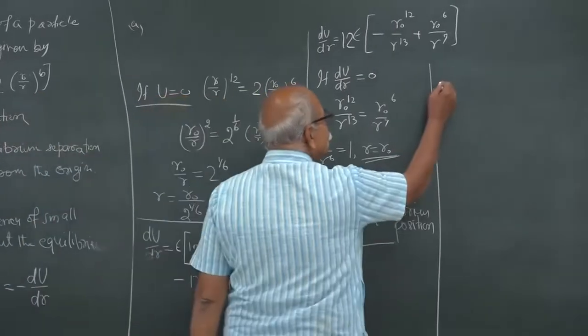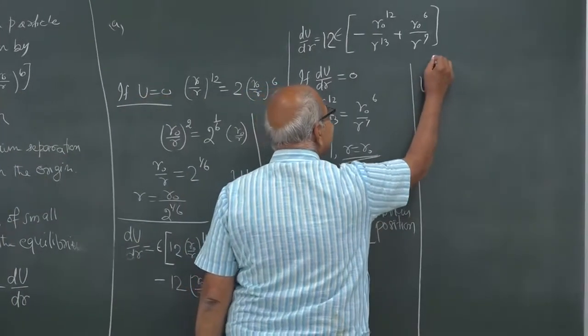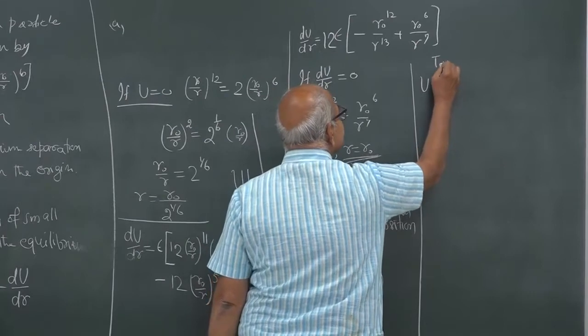Okay. So, u is equal to, this is called Taylor series.